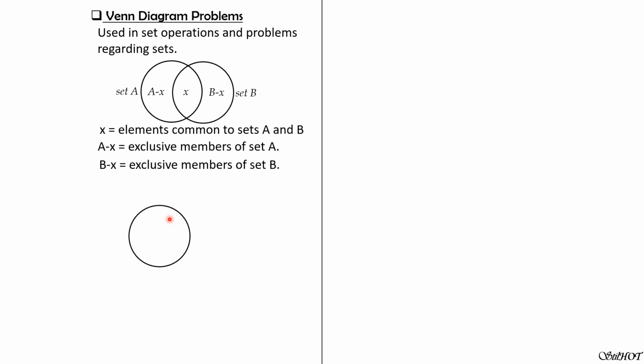Then for the next case, assuming we have sets A, B, and C. Notice that sets A and C do not overlap or do not intersect. So that means sets A and C have no elements in common. So the same principle, we first insert elements common to two sets or three sets if they intersect, then down to the space of exclusive members of the set.